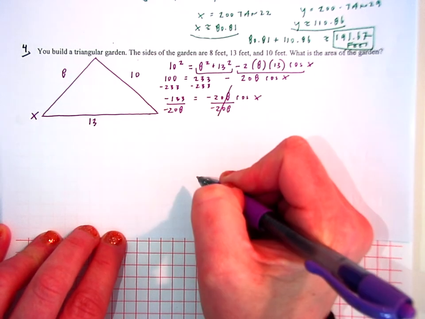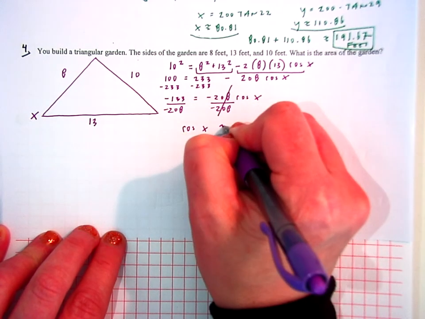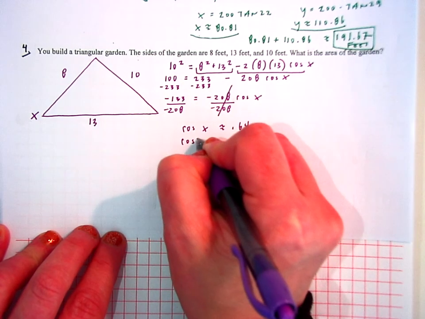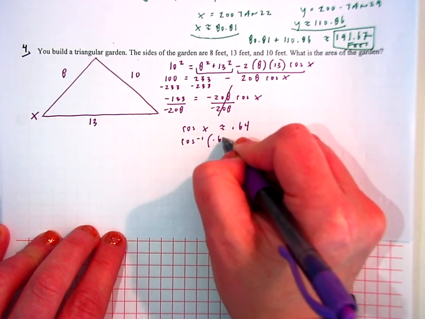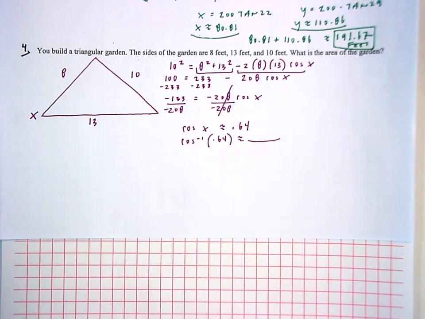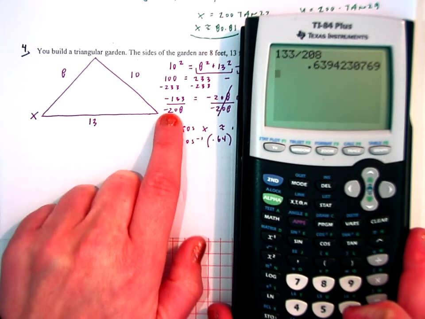So now I have a cosine x is going to be about 0.64. So I need to take the inverse of cosine with that ratio to get my angle measure. So first, let me just type that in. Okay, so here we go. I have 133 divided by the 208.